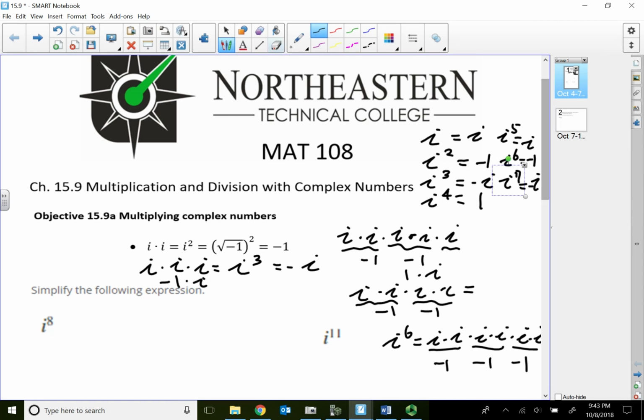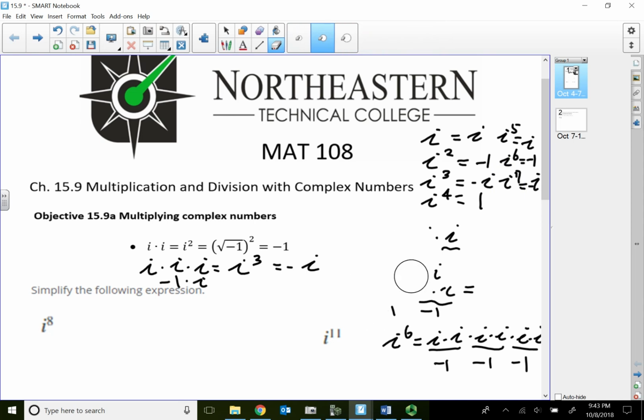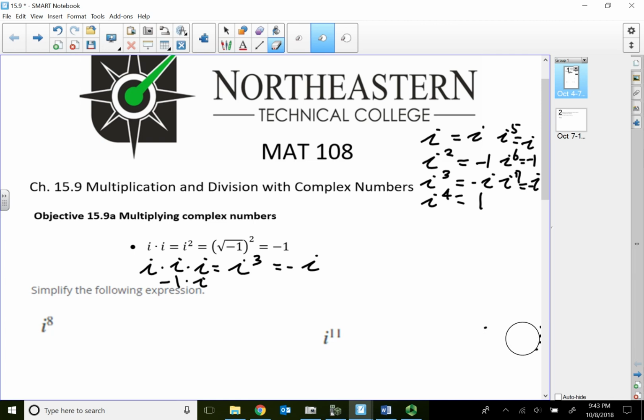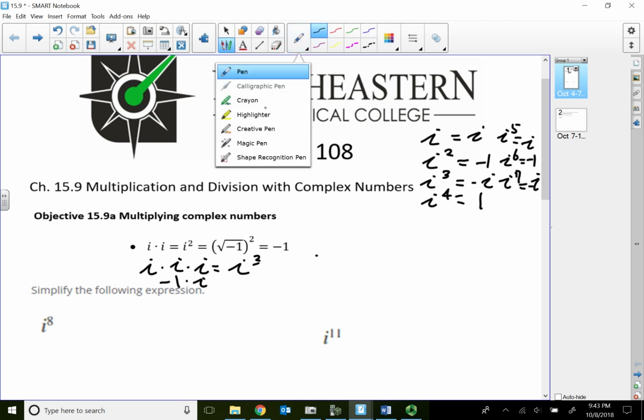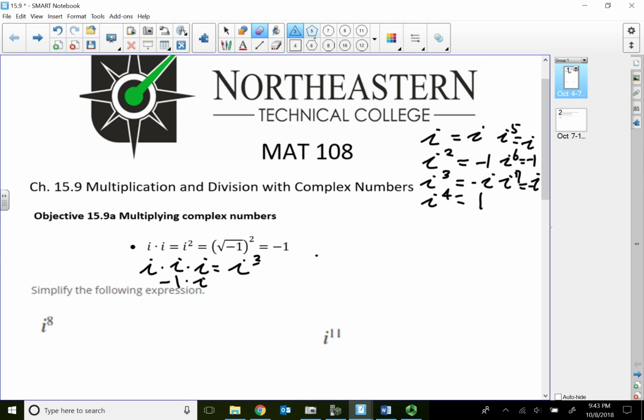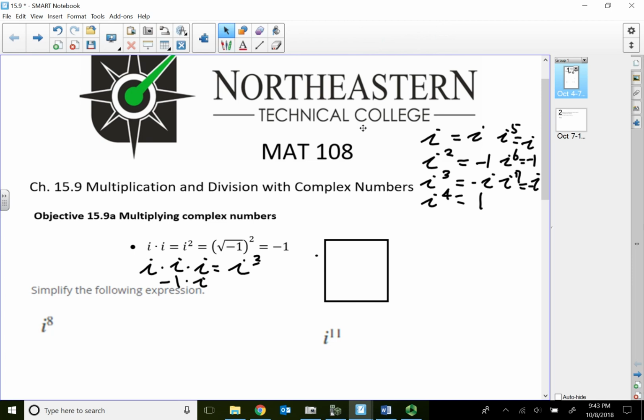Now what's interesting here is we can actually explain this geometrically. i to the first, second, third, and fourth give me 4 different answers. So if I have a 4-sided shape, not a square, just a 4-sided shape, let's call this corner i to the first.